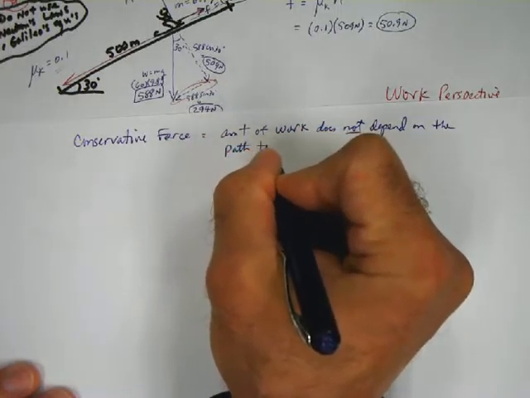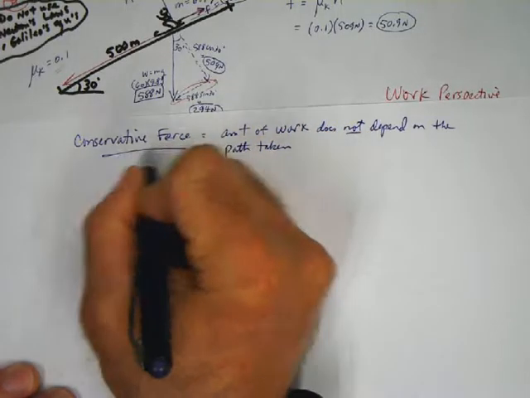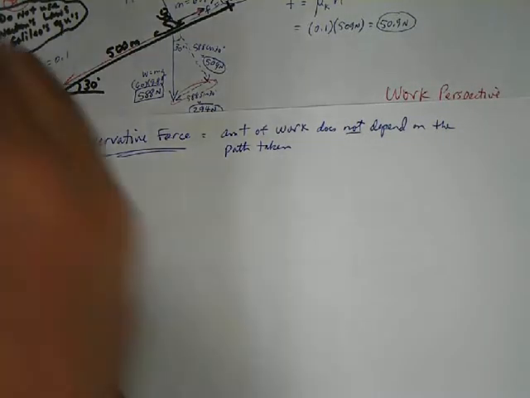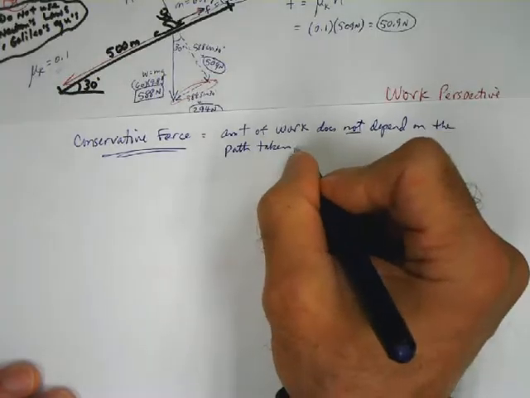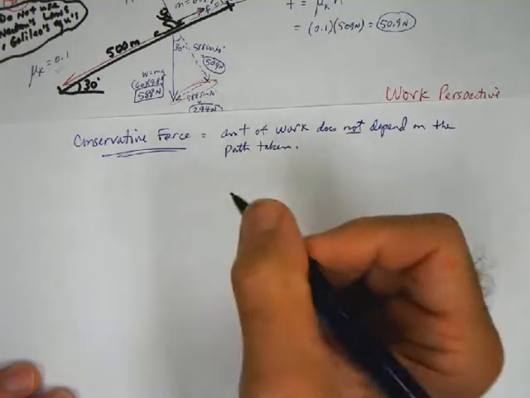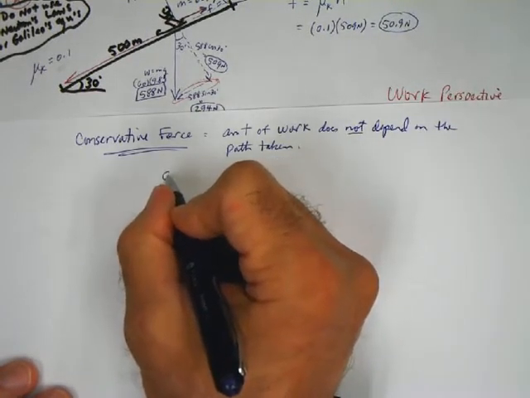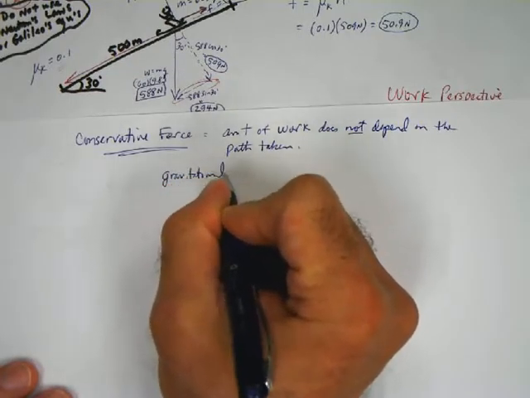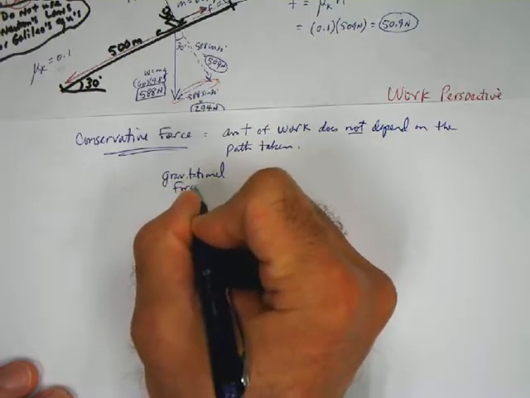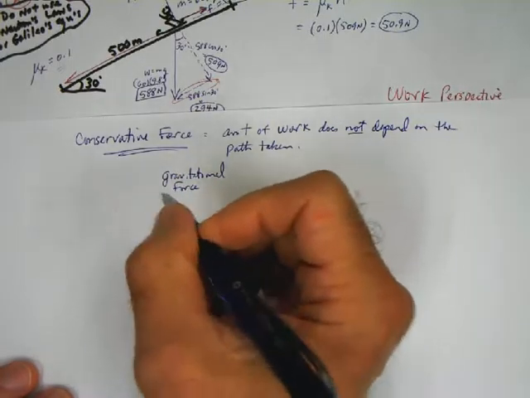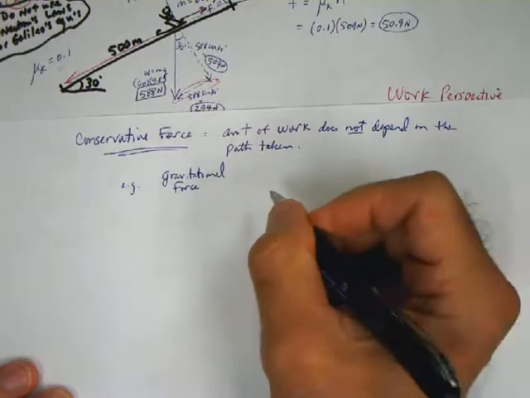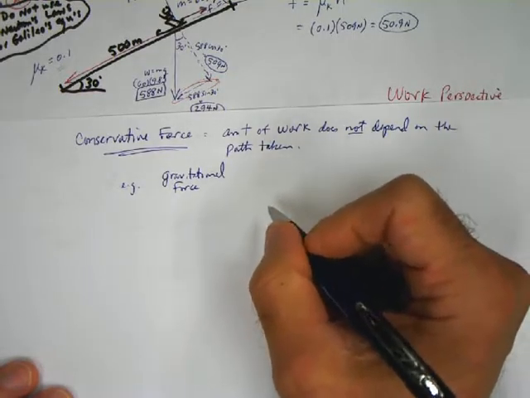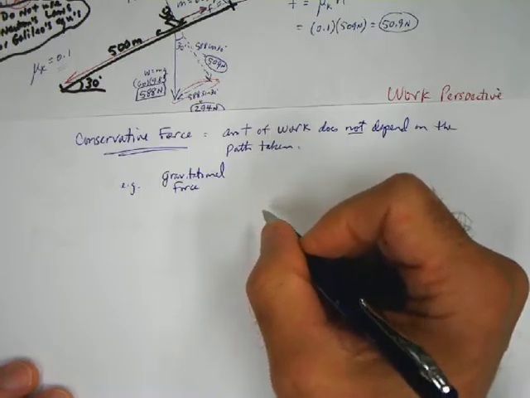So, for example, gravitational force is a conservative force. Why? Because it doesn't matter which path you take, you still end up doing the same amount of work to oppose gravity.